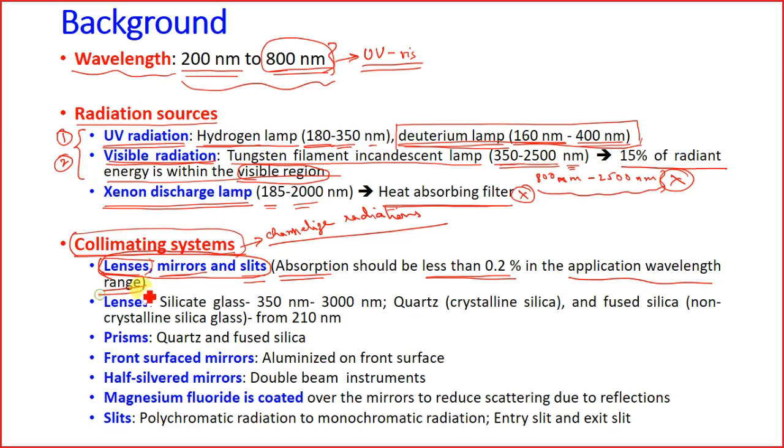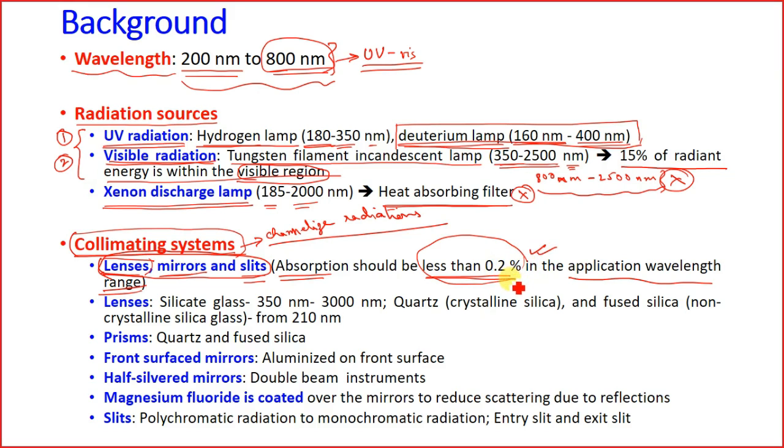The absorption within a specific wavelength range should be less than 0.2%, and only then can collimating systems like the lenses, mirrors, and the slits be used.